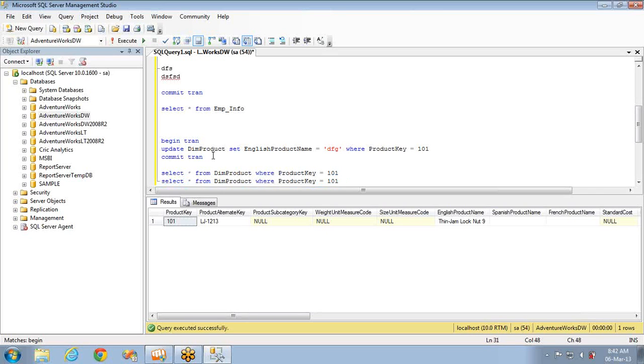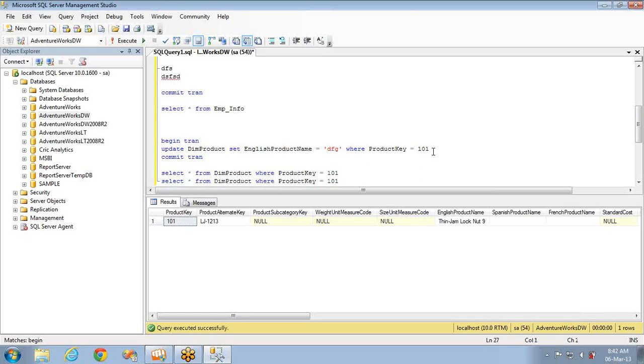This is because I'm not making it isolated. If I make it isolated, it won't take the updated value, and both queries will return the same value. So the inconsistent analysis or non-repeatable read says that when multiple select statements are applied on a particular row of data which is being modified by another transaction, it will give different results at different times.